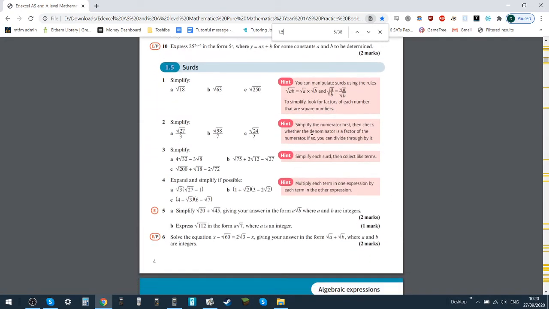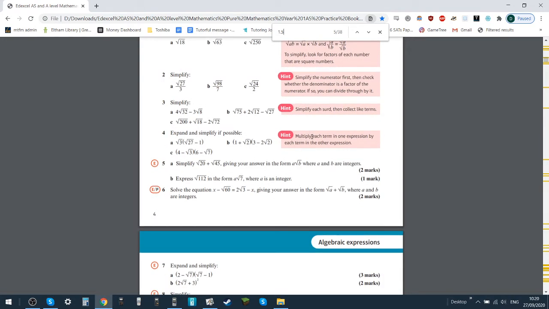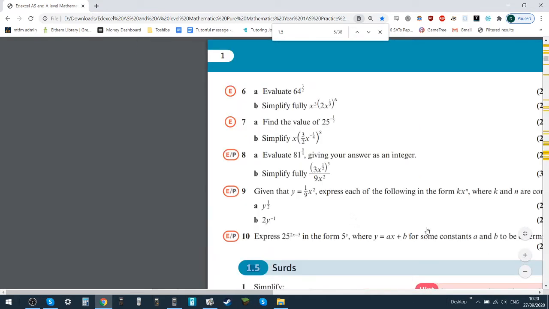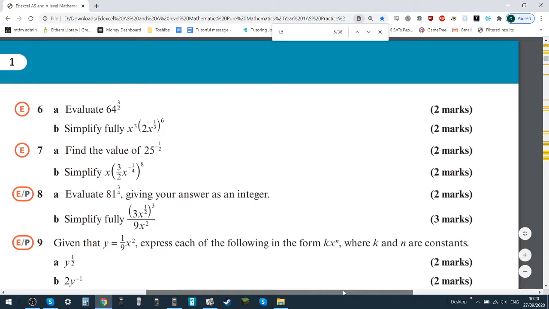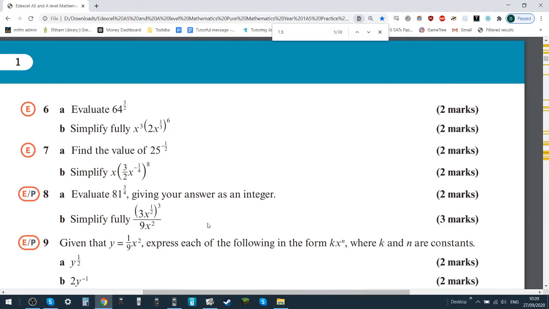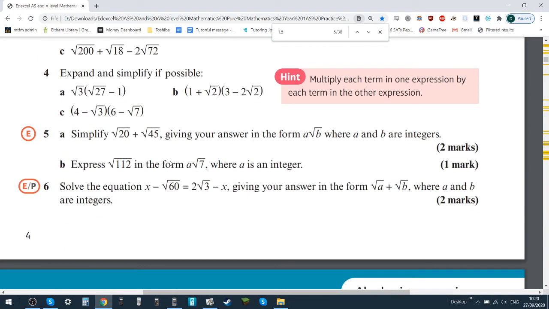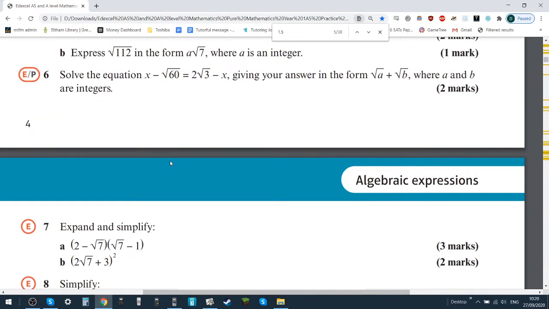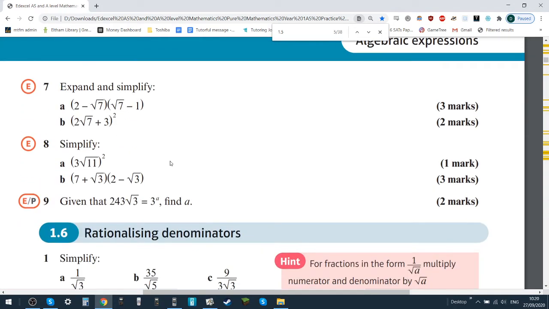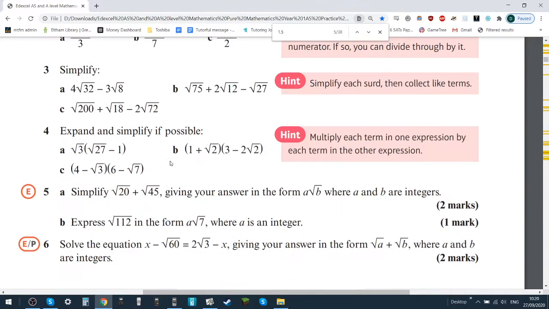So for some reason, here we go. Let me just see. There was literally only one.